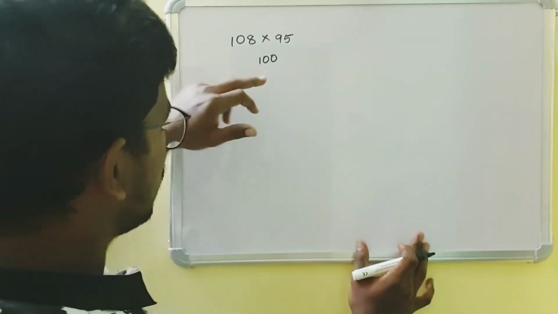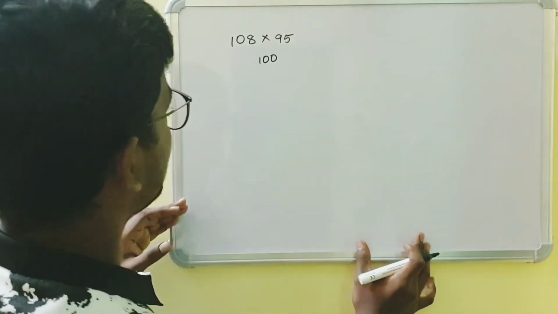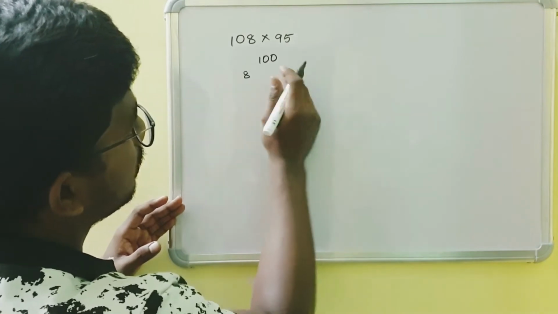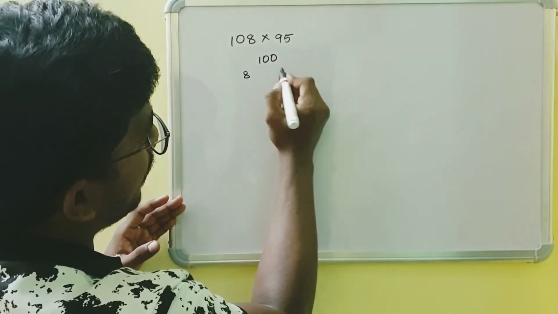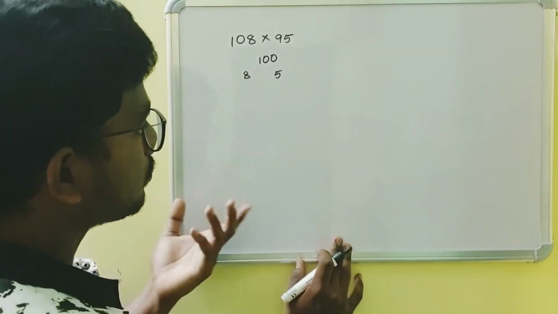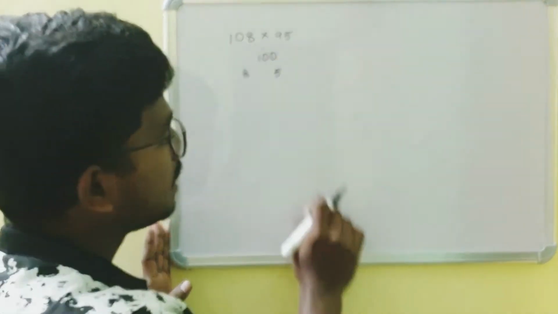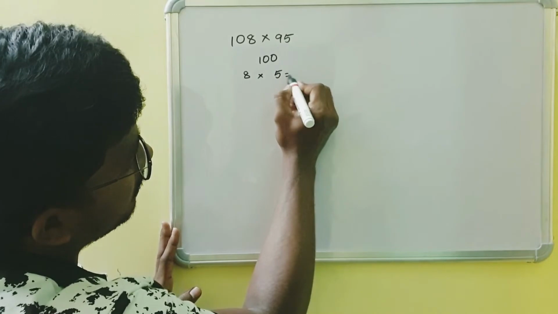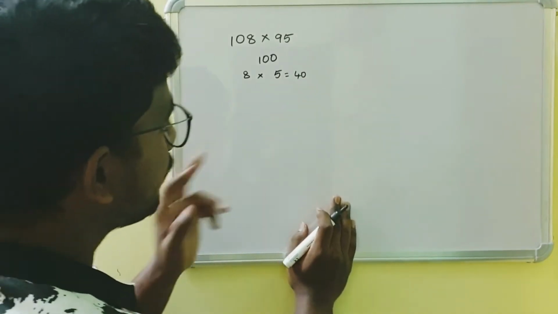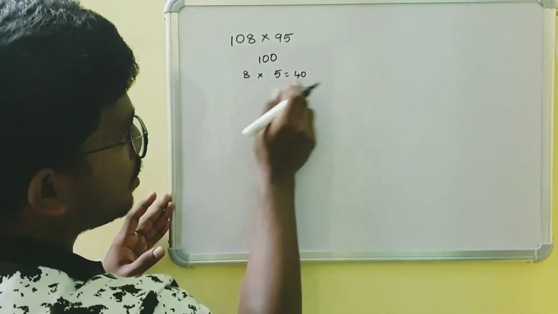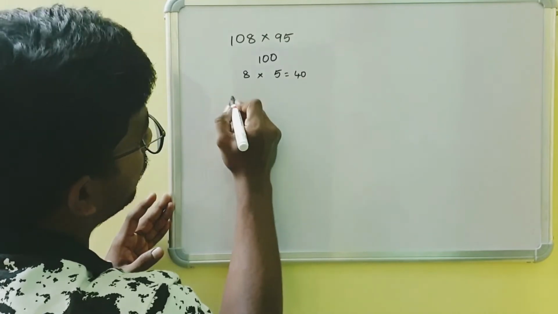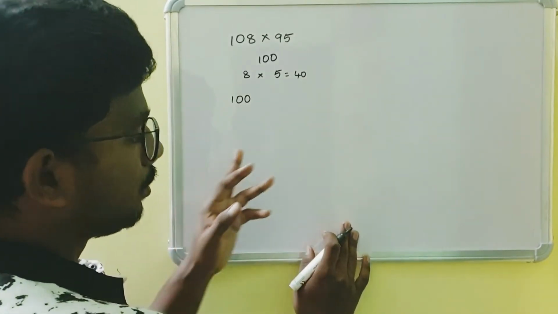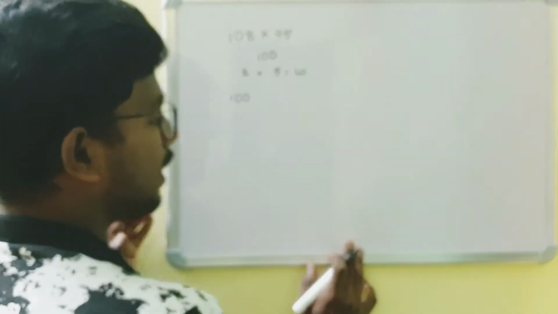See, taking 100 from 108, I will get 8, and 95 from 100, I will get 5. Okay, in this case, after obtaining the differences, we have to multiply both the differences. Okay, after obtaining the answer, we have to subtract the answer from 100 to get the last 2 digits of our required value.